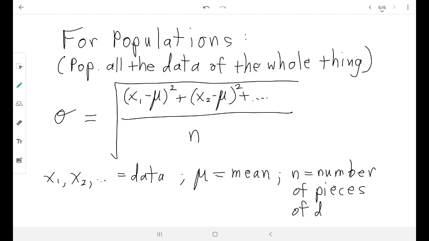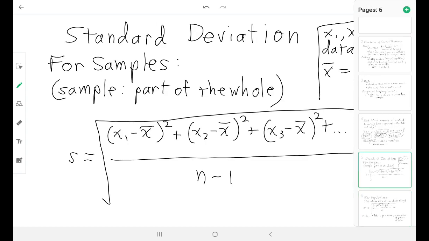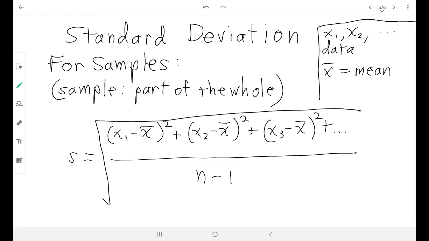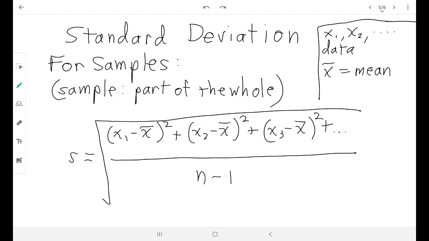Okay? And I want to show you again the difference between them. Some of the things on the top are just a notation difference, okay? But it's always the data piece minus the average and all of it squared and all of those added together.